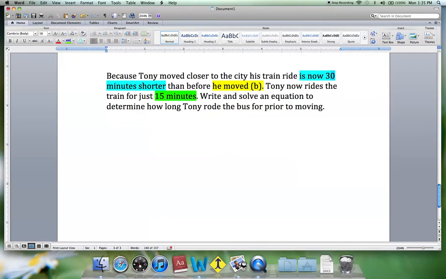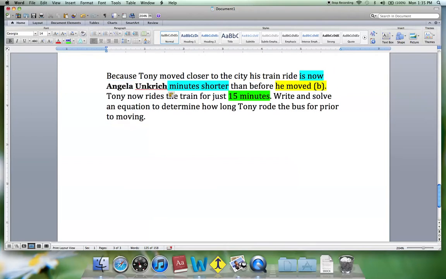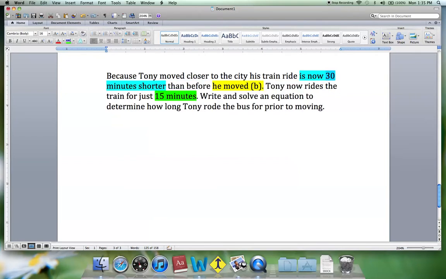So we have 30, and I'm just going to underline this. We have 30, we have B, and we have 15. Okay?